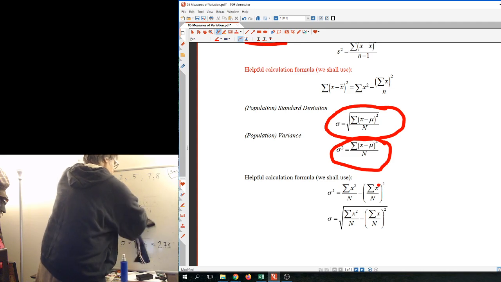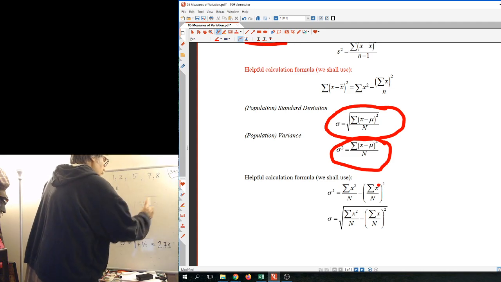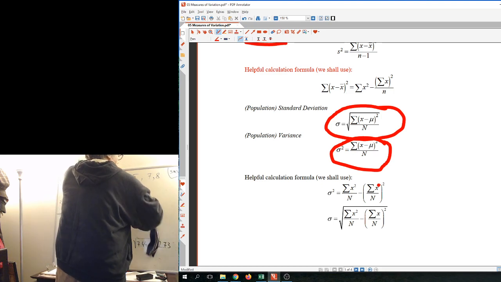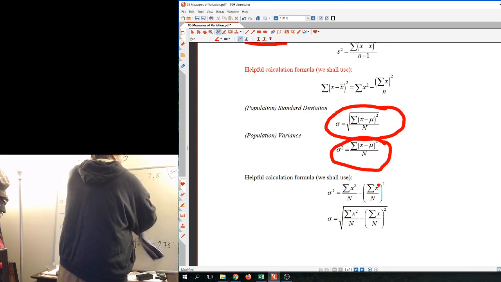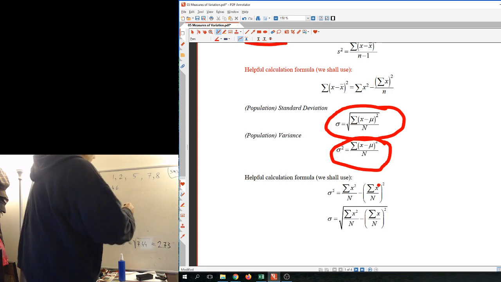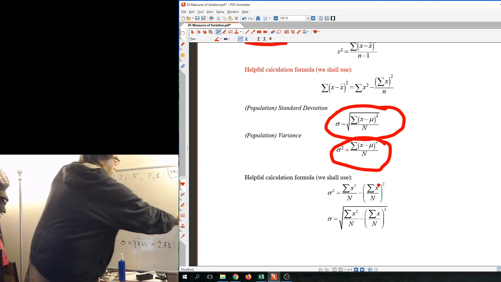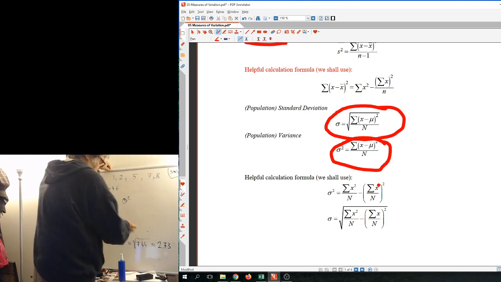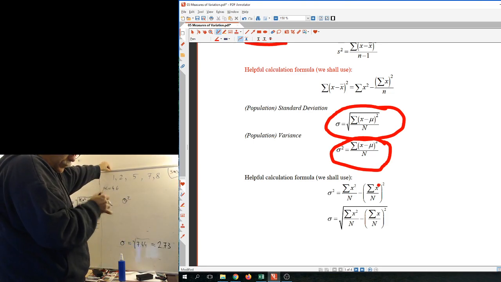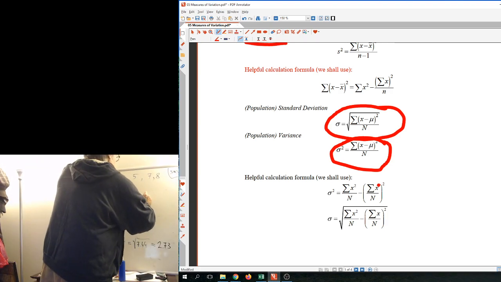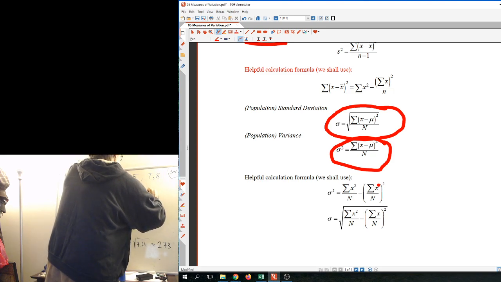I am not going to really use that much, because I will rarely calculate the population variance, but you could calculate it. So the population variance, the square of the population standard deviation, which is 7.44 here, can be calculated as the mean of the squares minus the square of the mean.